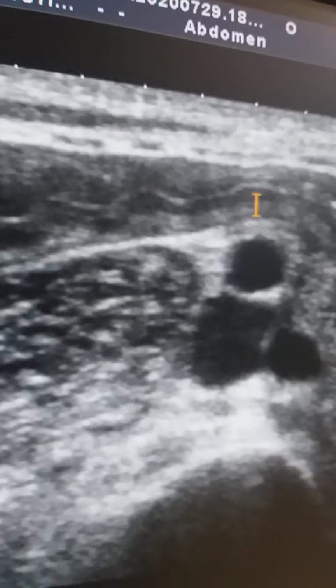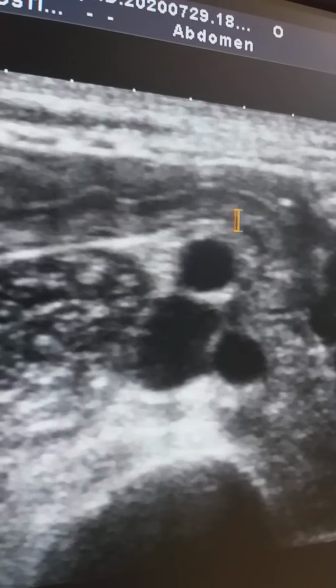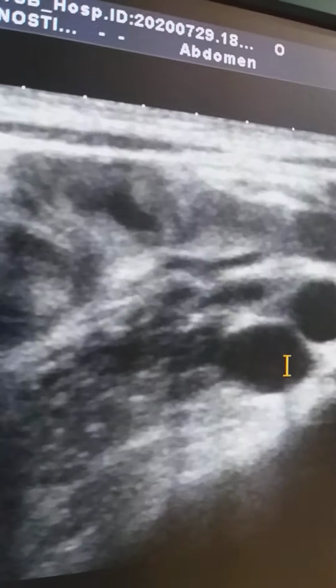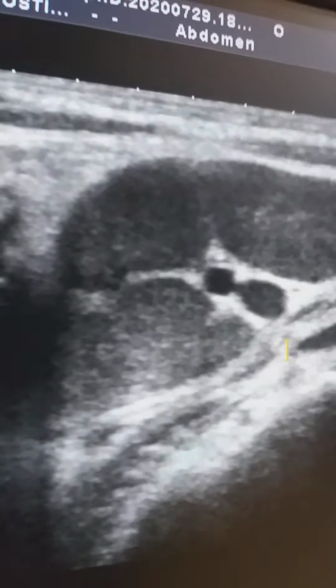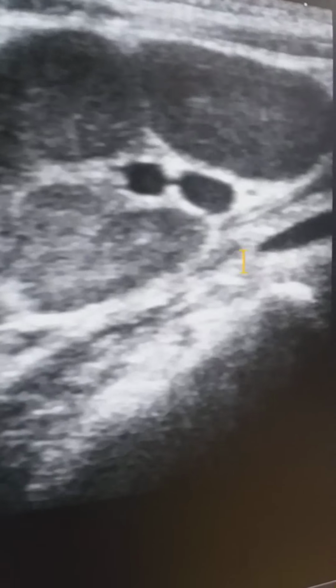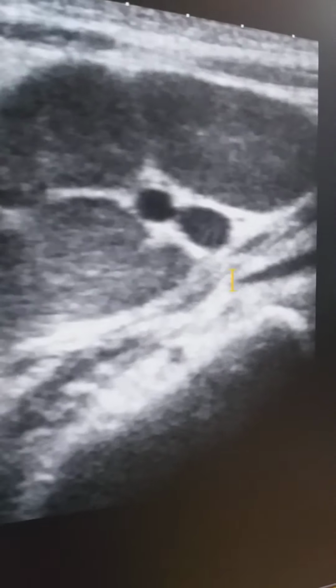There is continuous involvement of the terminal ileum to the distal ileum. These are the lymph nodes. So in my opinion, this is a case of ileocecal tuberculosis.